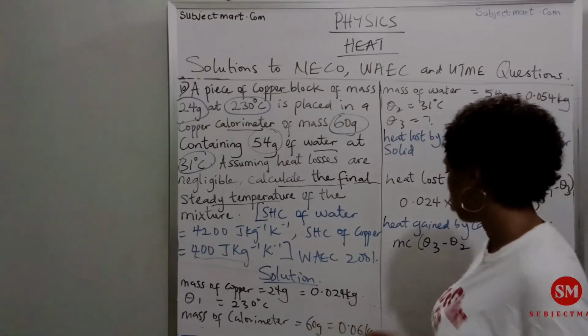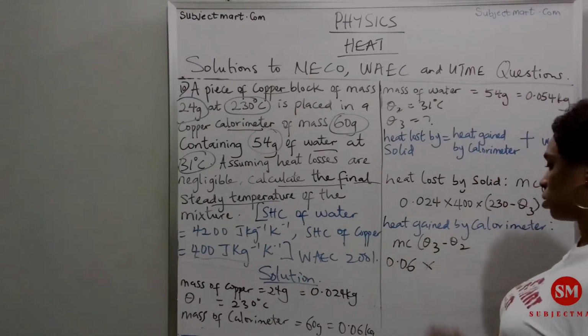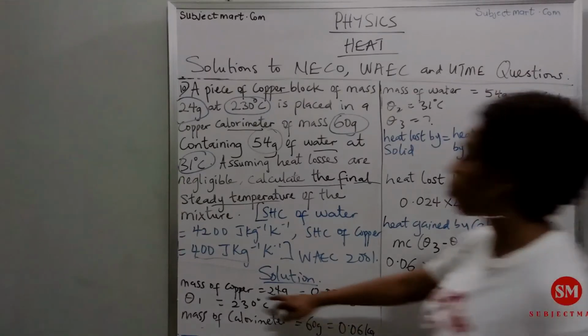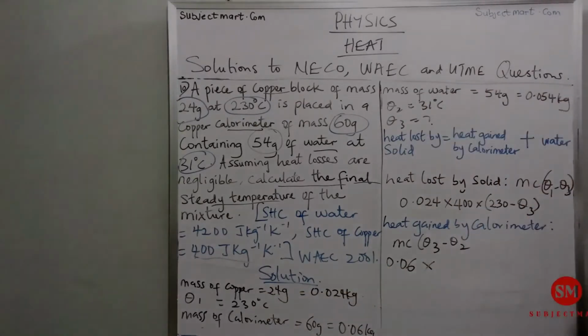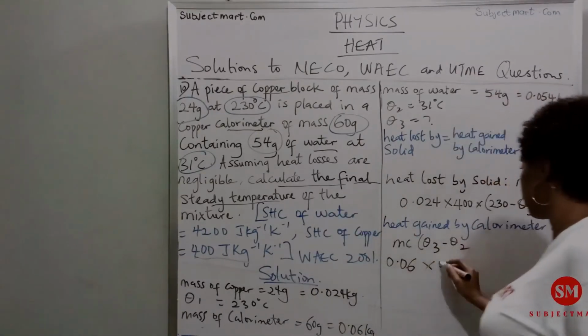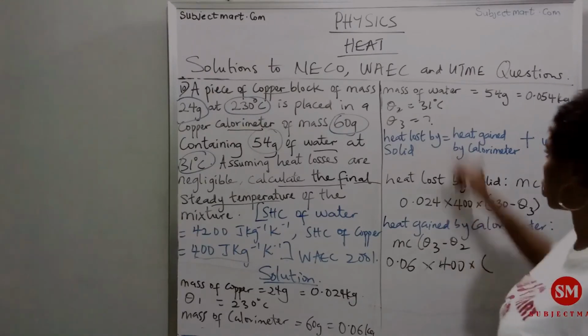So my M, mass of the calorimeter, is 0.06. Specific heat capacity is that of copper. We'll be making use of that of copper for the calorimeter, which is 400. Theta 3 minus theta 2.